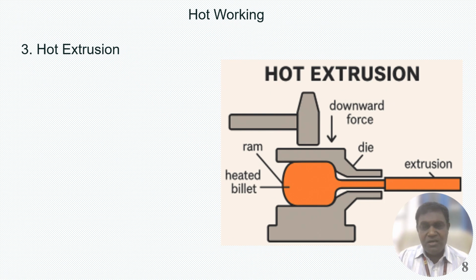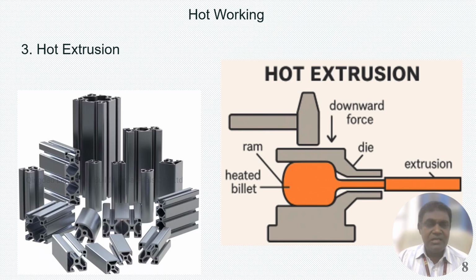Because of this downward force, it will flow plastically through the die and come out. This is called hot extrusion. It will come out with the required size and shape as per the die. These are the different products we can produce during this hot extrusion process.